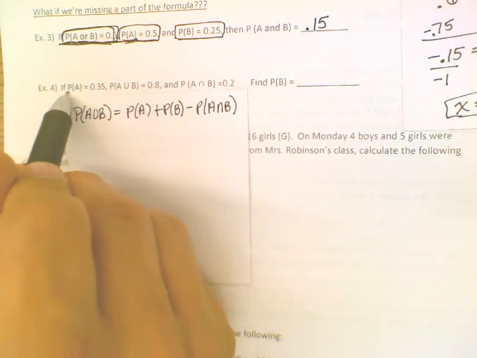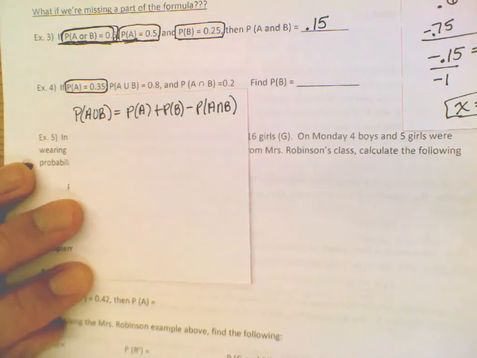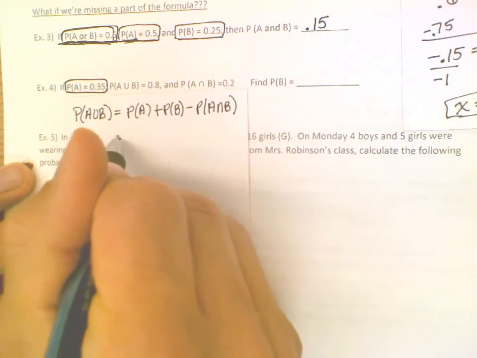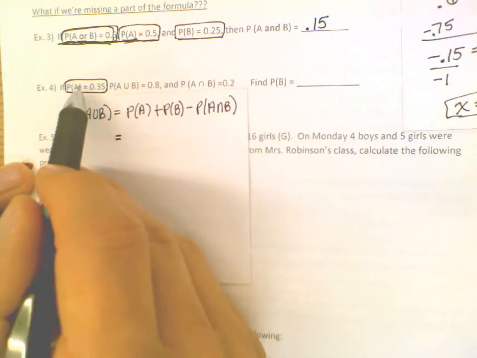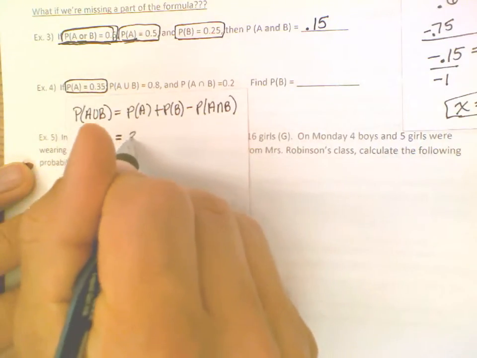Where does this 0.35 go? Under the probability of A.